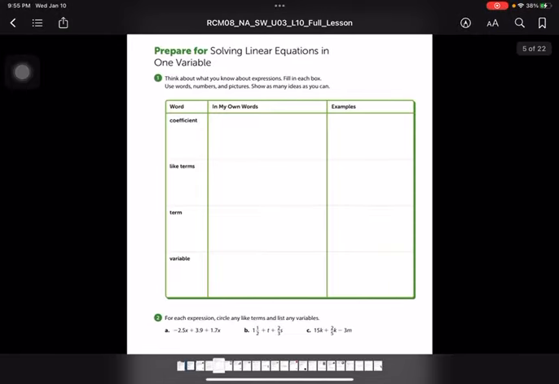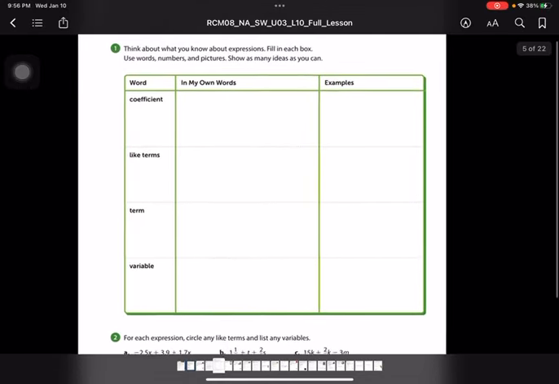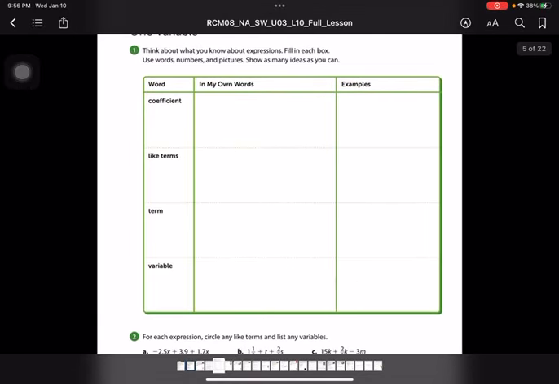All right, so this is the next page, guys, which is page 229. For this, I'm going to give you some examples, but I want you to write the definitions in your own words. In those examples that you give, I want you to write what you think the coefficients are, and what you think the like terms are, what are the terms, and so forth.